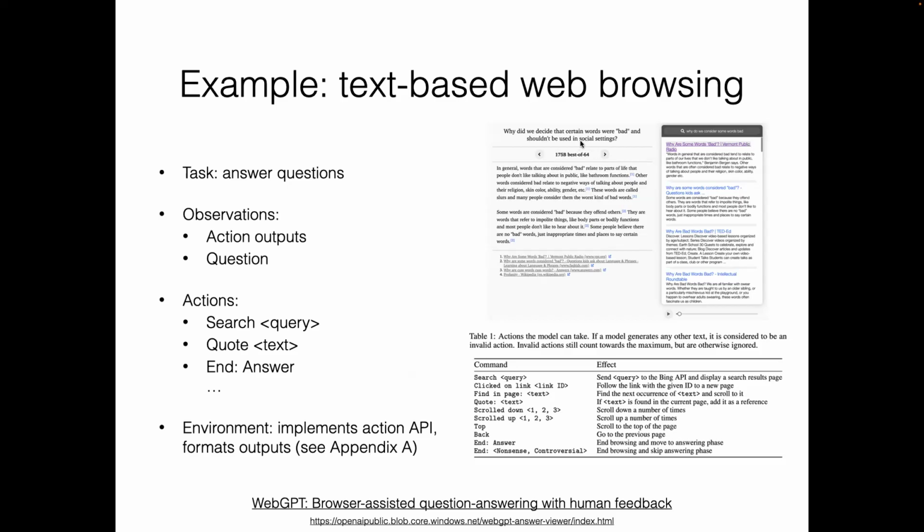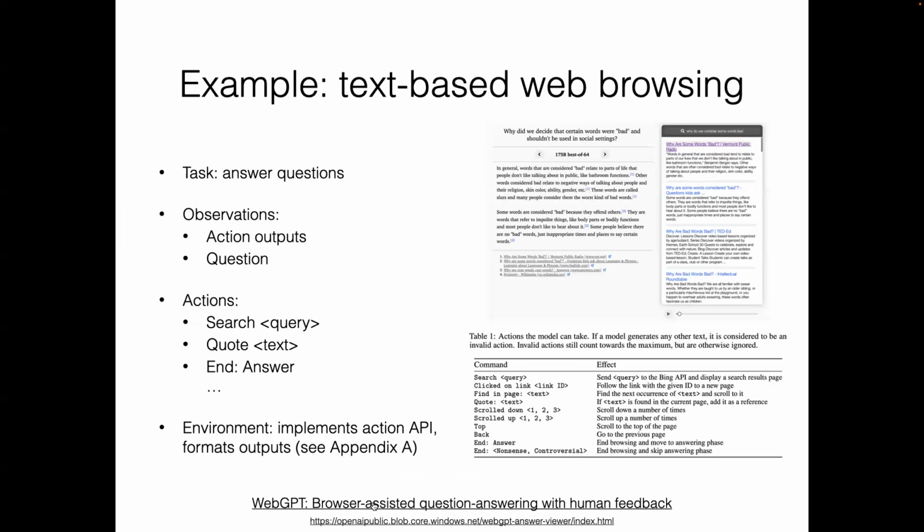They want to give the agent or the model access to an environment with a search engine that lets you click on links and quote different sources. So it can go search, collect information from different web pages, and then at the end say, okay, I'm done, I'm ready to move into the answering phase and produce my answer with the information that I've collected.